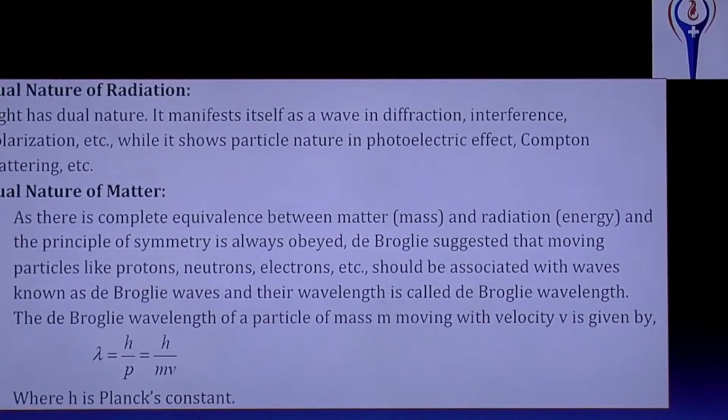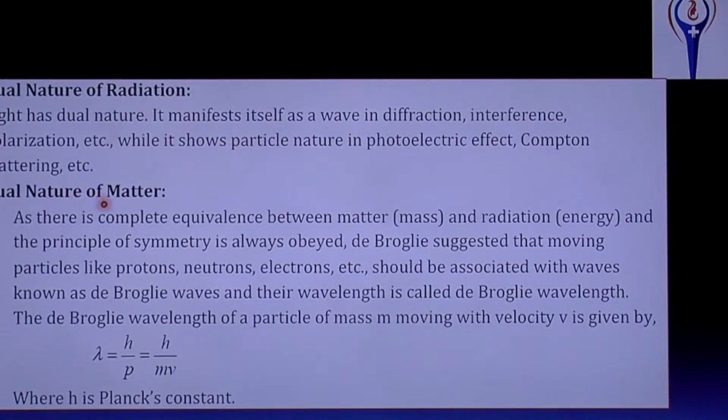That's why we said it is two sides of a coin. It manifests itself as a wave in diffraction, interference and polarization, and it shows particle nature in the photoelectric effect and Compton effect.